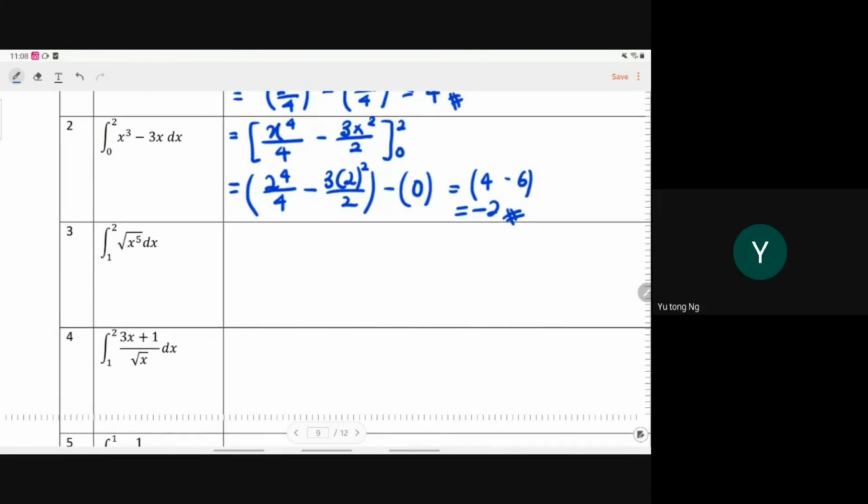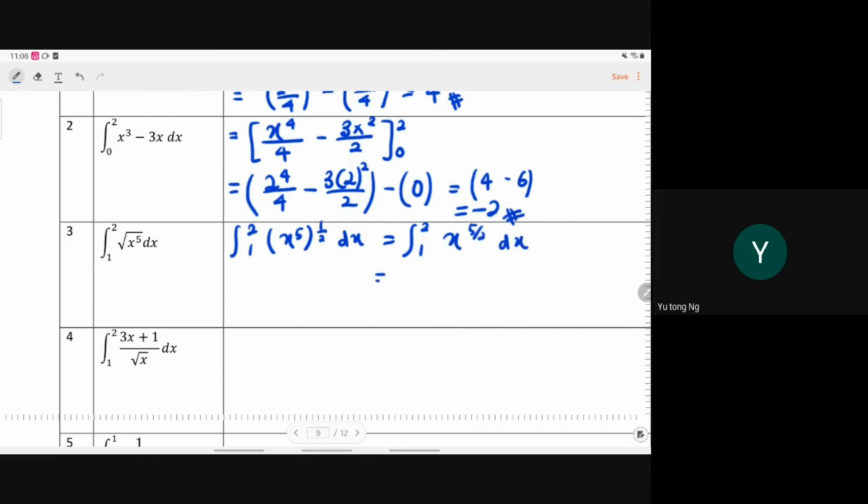So how to do this when you meet up with a square root? So square root is actually integrating 1 x to the power of 5. Square root, power dia adalah half dx. So actually you are integrating between 2, 1, x to the power of 5 over 2 dx.